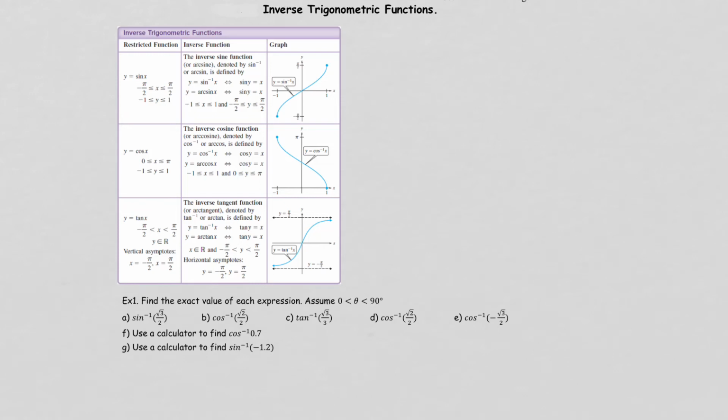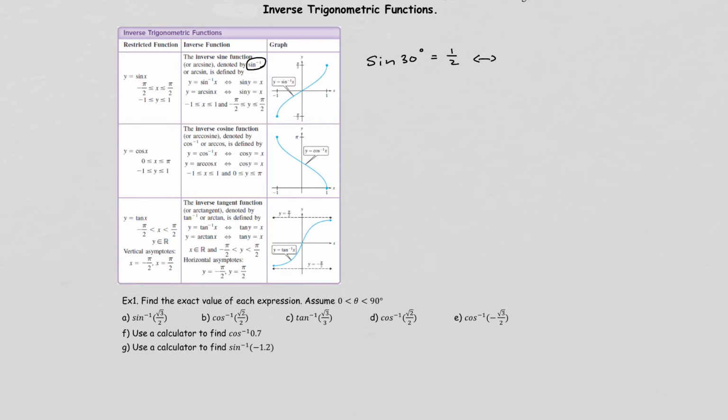Today's lesson, we're going to talk about inverse trig functions. So this is the inverse notation right here. What does that inverse mean? Let's say we have sine 30 degrees, and we know that's going to be 1/2. With the same notation, we can ask for the degree this time.